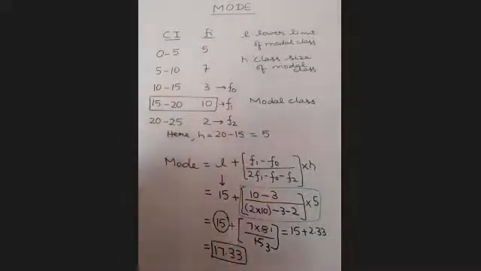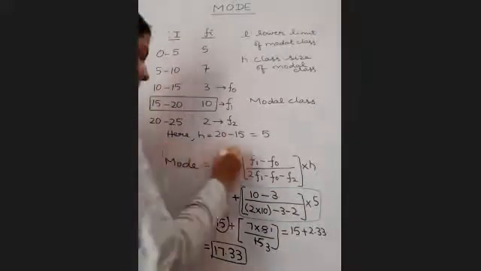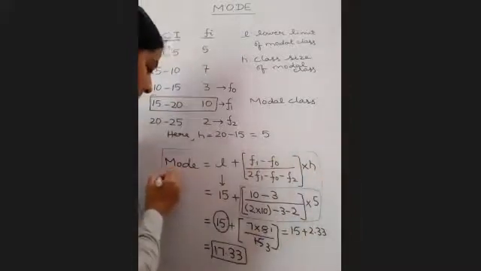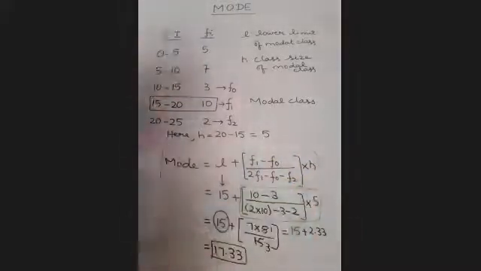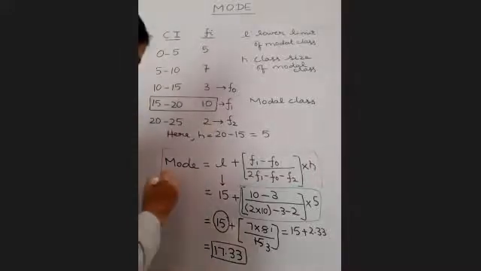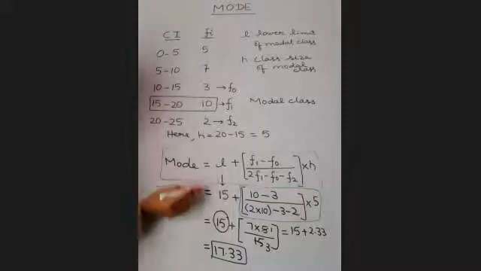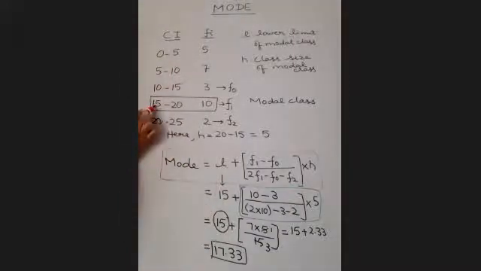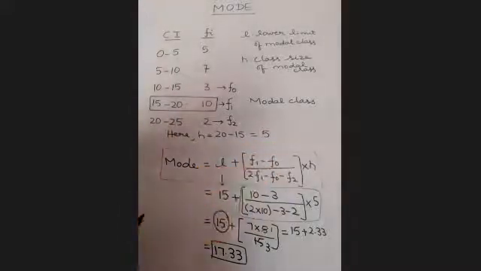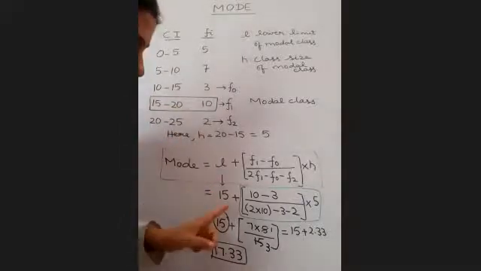Keep one thing in mind, beta, which will help you. Mode must lie within the modal class. That means after calculation, your value of mode should be somewhere between 15 and 20. That is the meaning of modal class. If I'm saying my modal class is 15 to 20 and my mode is coming out to be 24, that means some calculation mistake.